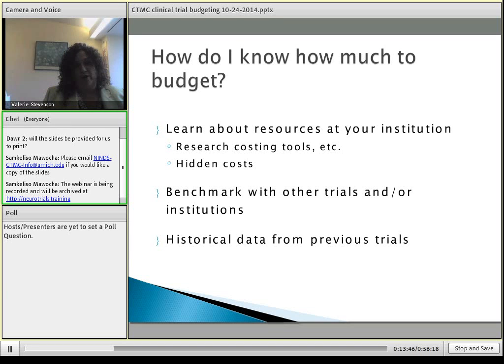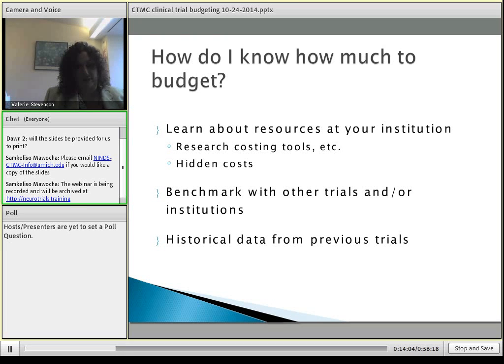For example, you may have an approved medication, but every time someone needs to hang a bag of the approved medication, there's a $60 charge. So talking with your institution and understanding what kind of cost considerations you have is a really good way to start identifying hidden costs.